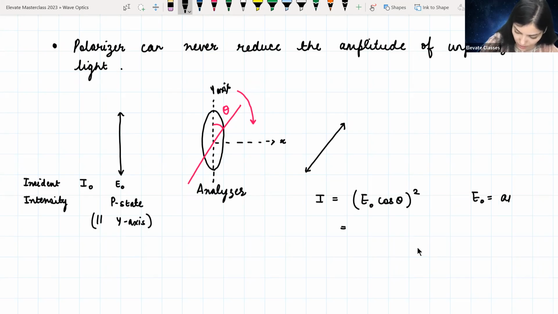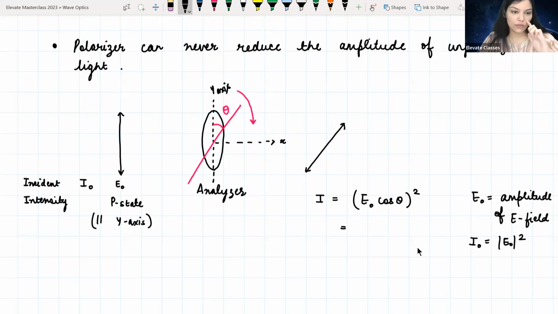E naught is the amplitude of the E field, and my I naught is equal to E naught square. So I can write E naught square cos square theta. So I is simply equal to I naught cos square theta.